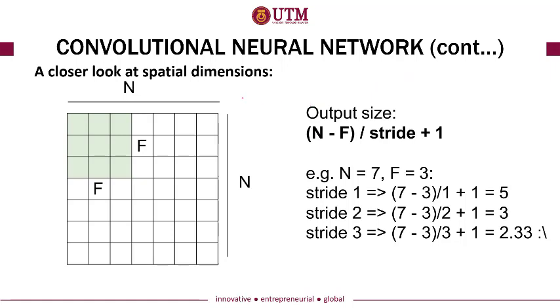This is not only applicable for an input image, but also for an activation map. So don't get confused with that. That's why I just call it the input of your convolutional layer. Why? Because input does not only refer to an input image. It can also refer to an activation map.